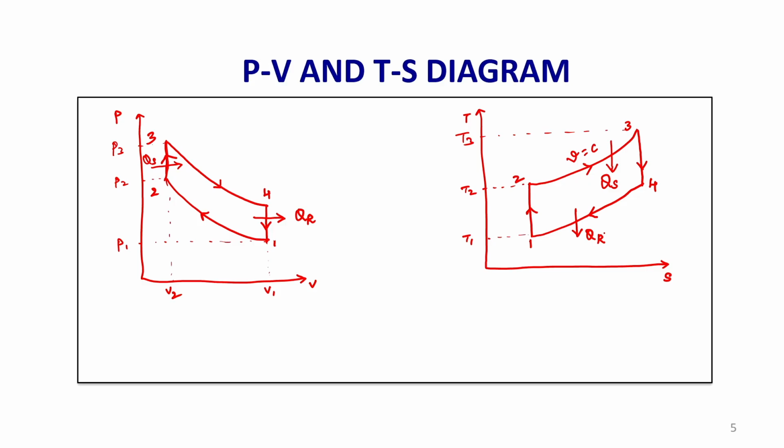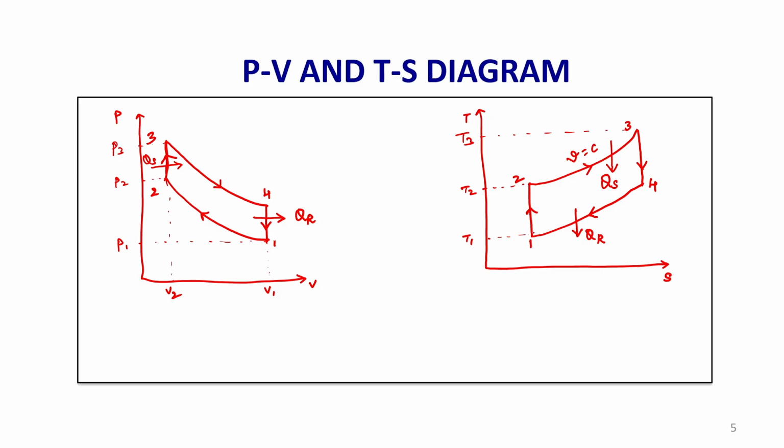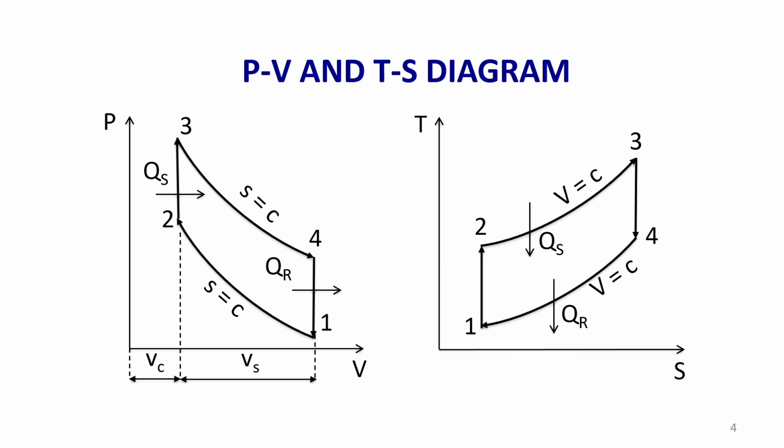That completes the cycle, and again the air will be compressed isentropically from state point 1 to 2, then heat addition at constant volume, then isentropic expansion followed by constant volume heat rejection. This is what I have plotted here: 1 to 2, 2 to 3, 3 to 4, 4 to 1, and during processes 2 to 3 and 4 to 1 heat is added and rejected respectively.